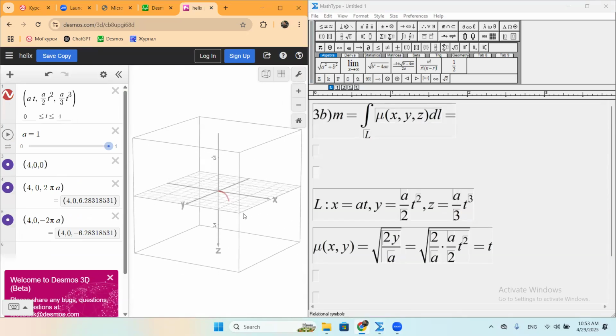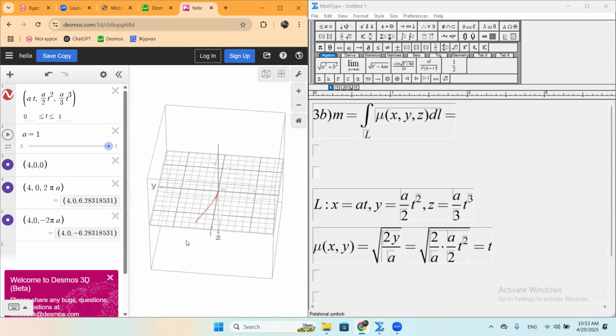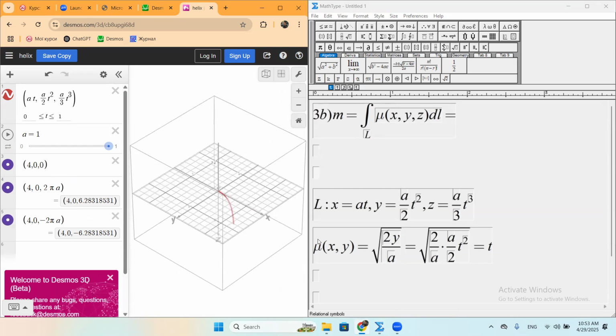So if the curve is given in 3D and you have to integrate along such a curve, it must also always be parameterized. So t from 0 to 1.